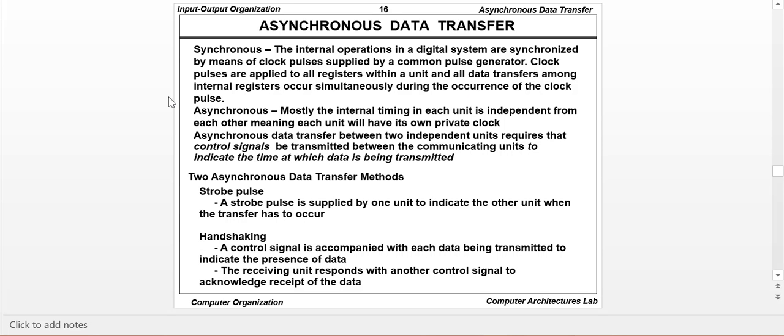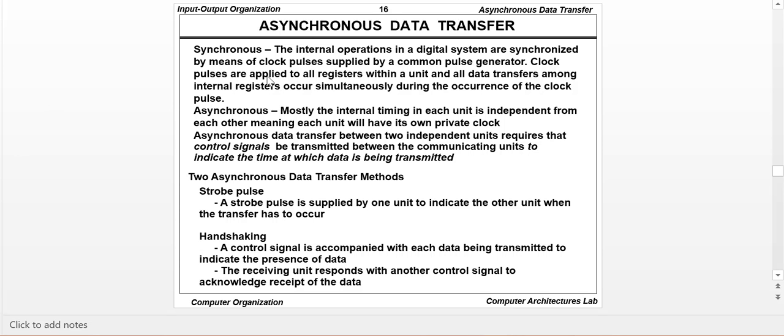Let's say one unit is the CPU. Within the CPU, there may be many registers, like general purpose registers and an accumulator. Data transfer among these registers will happen based on the clock pulse. Only when the clock pulse occurs does the data transfer within one unit happen. This is called synchronous transfer.